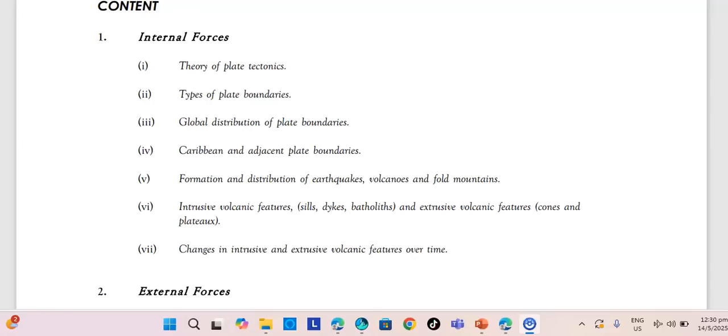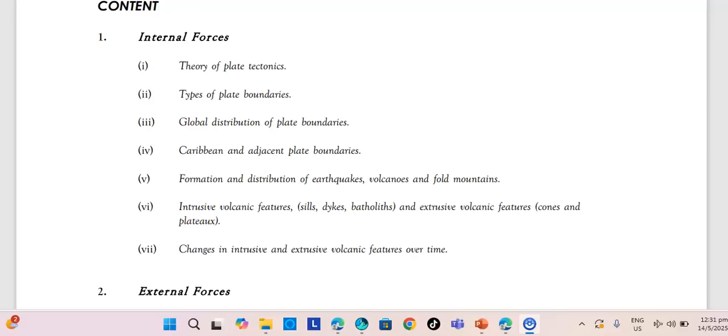The first type of plate boundary is divergent boundaries. This is when two plates move away from each other. So whenever you're going to explain divergent boundaries, I want you to think about pulling apart.